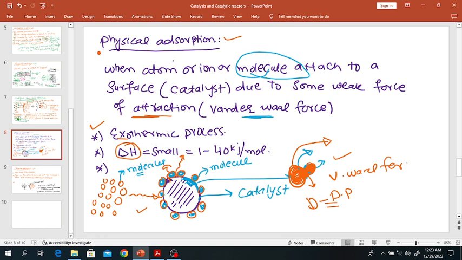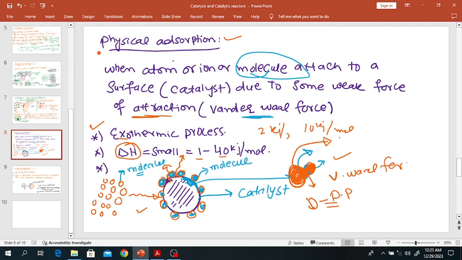For physical adsorption, the enthalpy change is from 1 to 40 kilojoules per mole. It can be 2 kilojoules per mole, it can be 10 kilojoules per mole, etc. It can be a reversible process also.